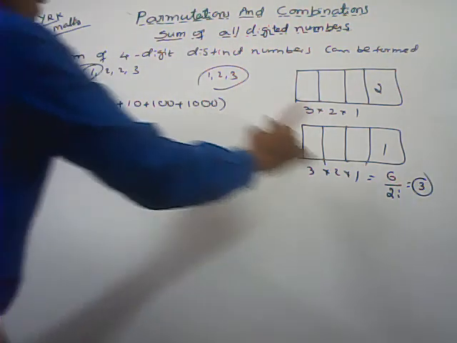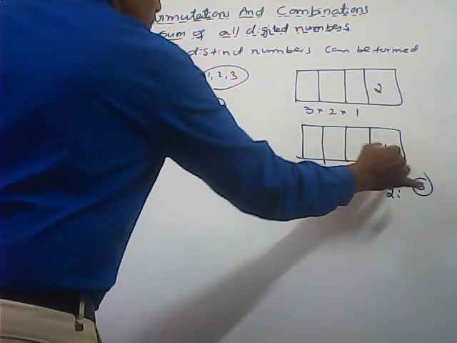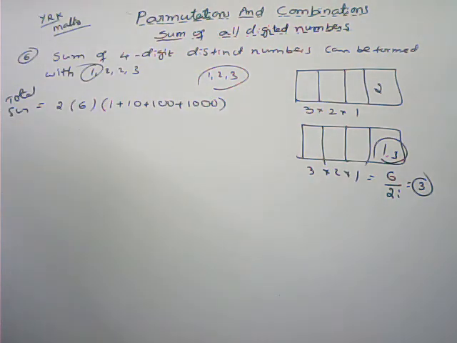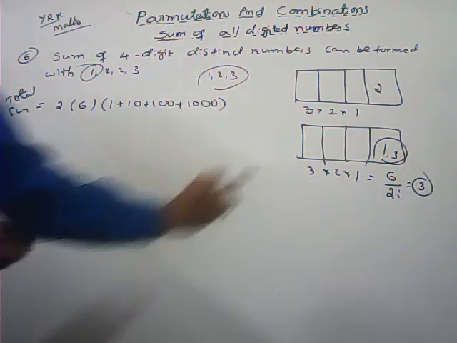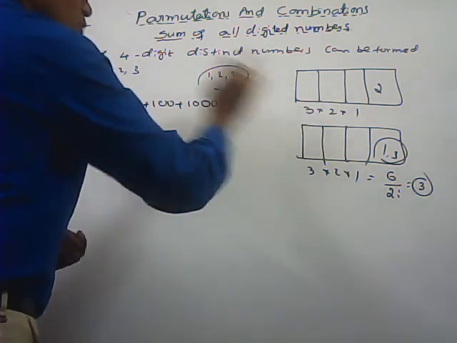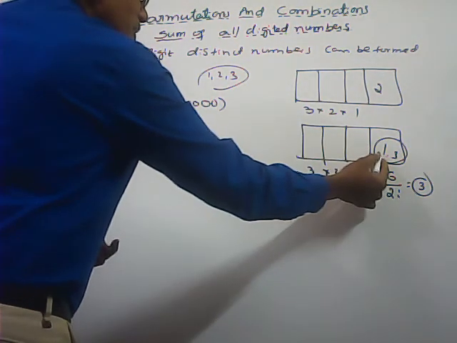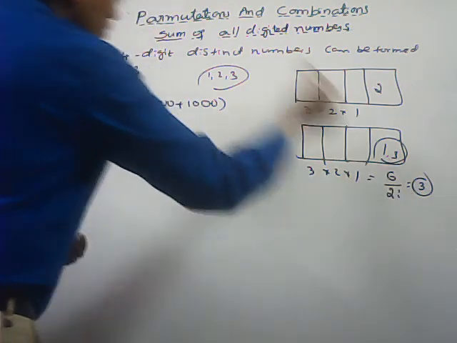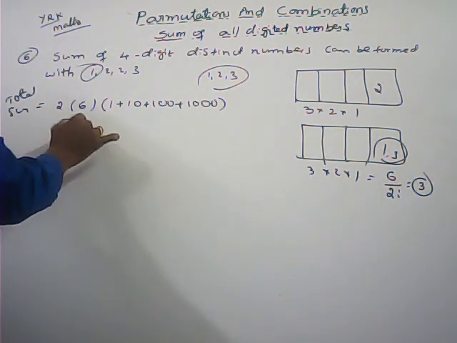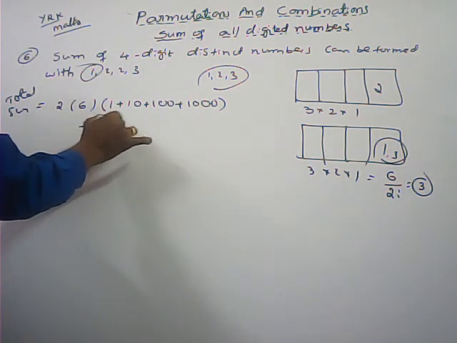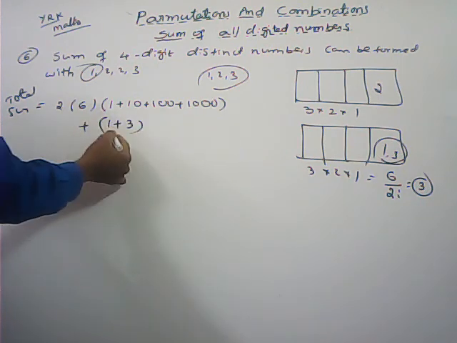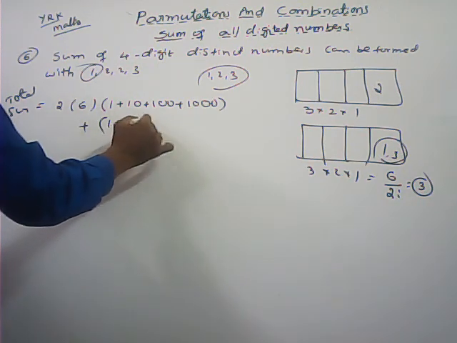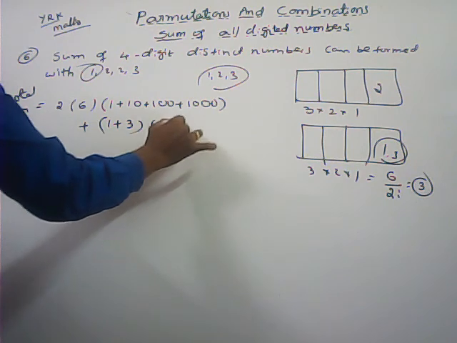So if I keep either 1 or 3, whatever be the position, units place or tens place or hundreds place or thousands place, each digit is repeating how many times? 3 times. Plus 1 plus 3. Here 1 is repeating, 3 also repeating, 3 times, whatever be the position.